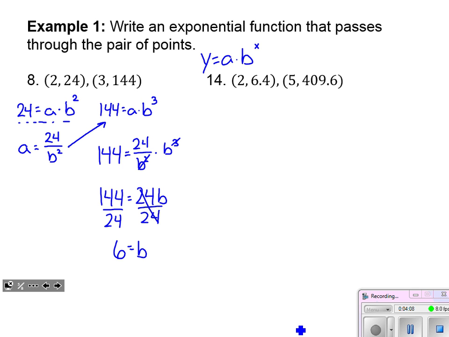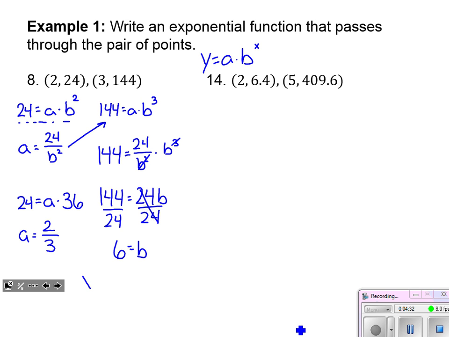All right, now I could plug that into either of the 2 equations up above. I'm going to choose the one that we had underlined earlier. 24 equals a times b squared. That's 6 squared, or 36. And if we finish solving, a equals 24 divided by 36, which simplifies to 2/3.